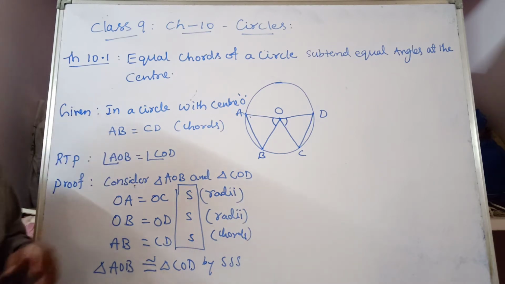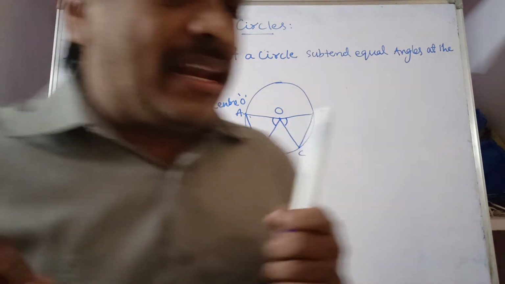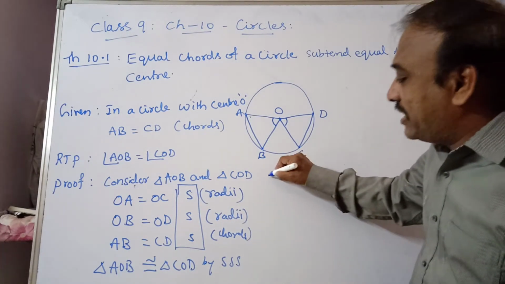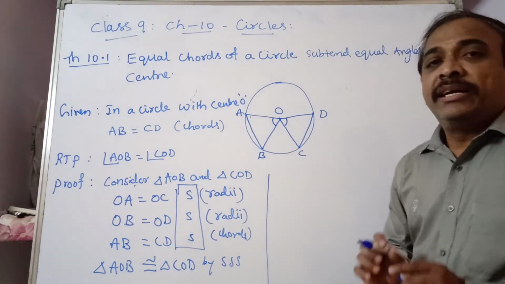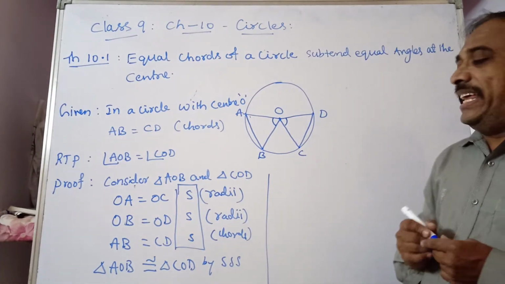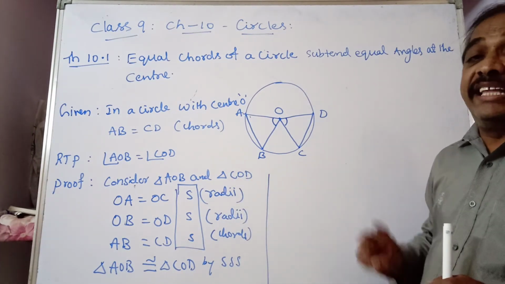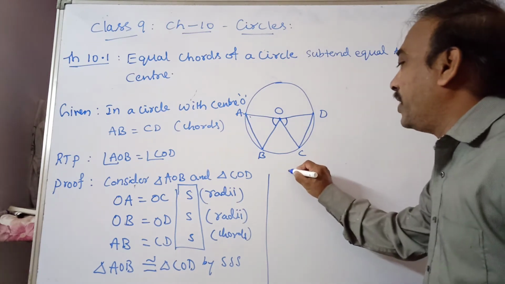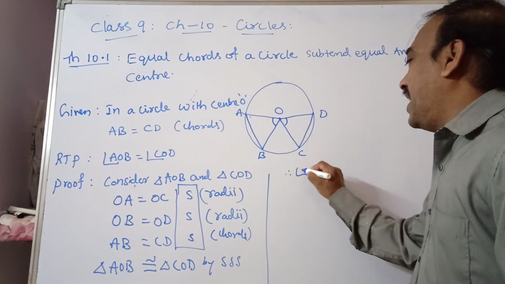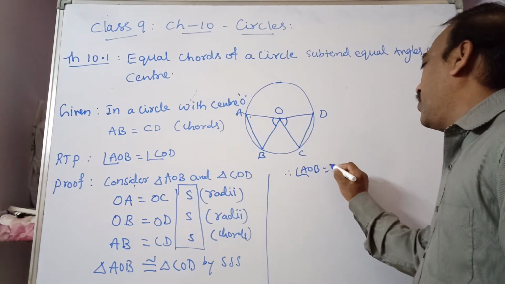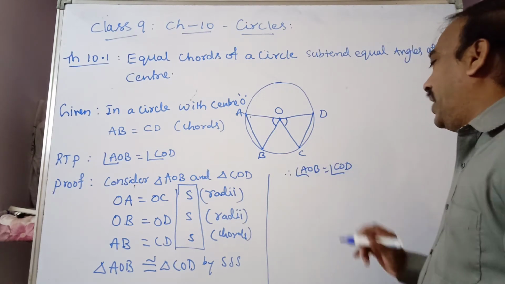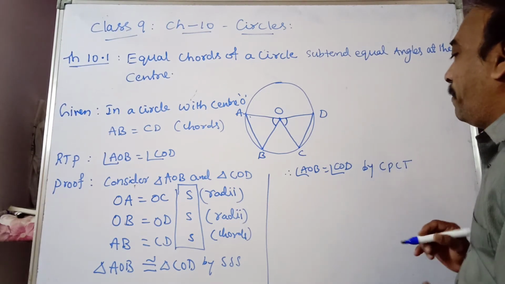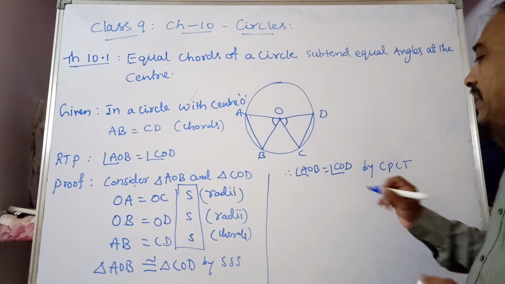Once the triangles are congruent, as we learned in the triangles chapter, and even in class 7, about this congruence criteria, their corresponding parts are equal. What are the corresponding parts? Therefore, angle AOB is equal to angle COD by CPCT, corresponding parts of congruent triangles.